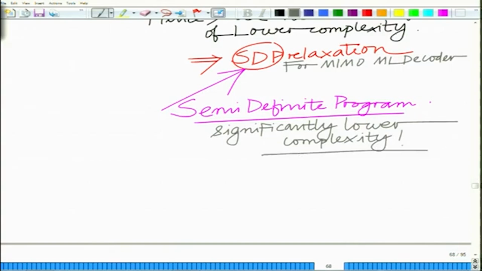It is significantly lower in complexity in comparison to the full optimal ML decoder, which has exponential complexity and is virtually impossible for a large number of transmit antennas and large constellation sizes.